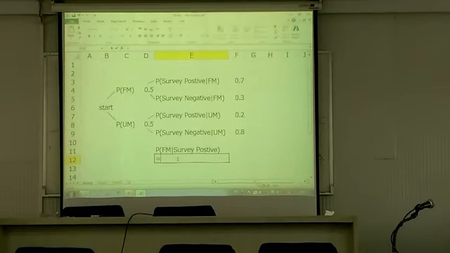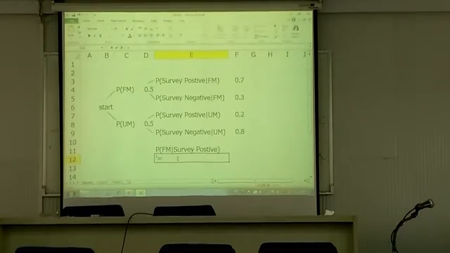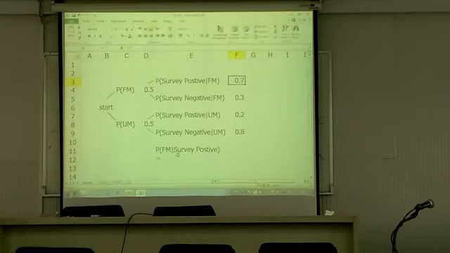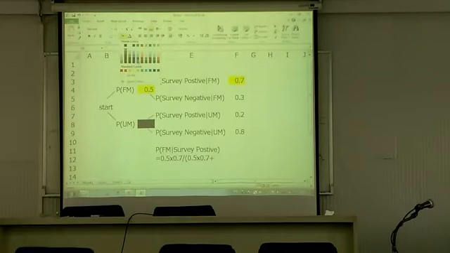Okay, so this will be equal to what? Right. So this will be equal to this, right? Favorable market first, and survey positive is this one, right? So 0.5 times 0.7, divided by itself, 0.5 times 0.7 plus, then we do the 0.5 here, right? This blue.